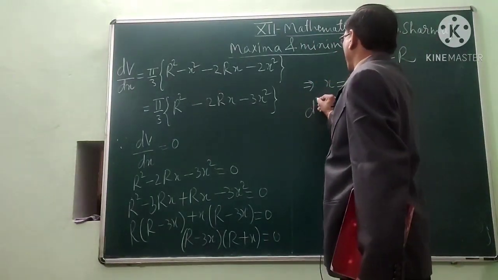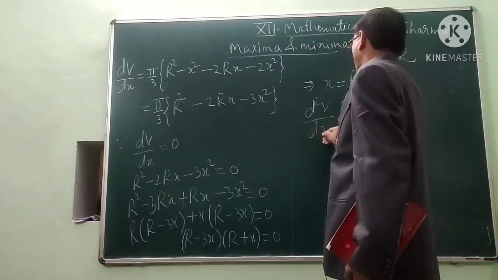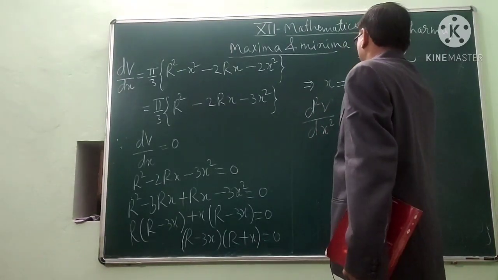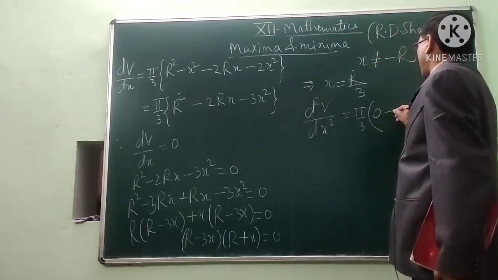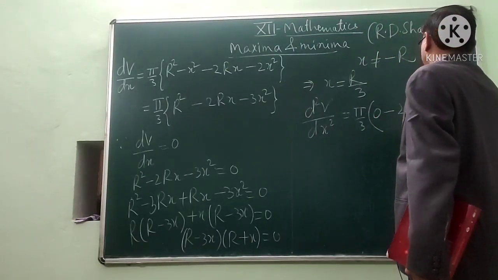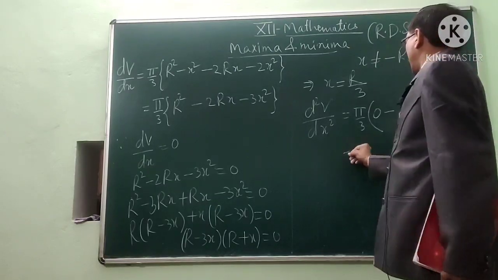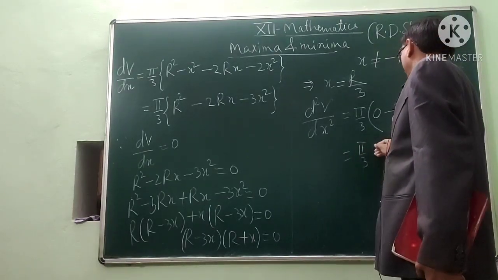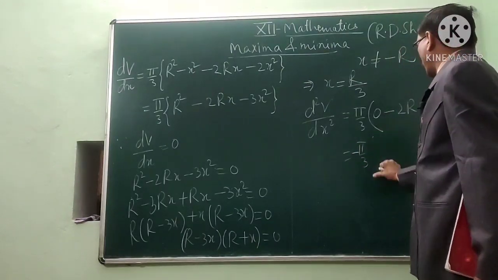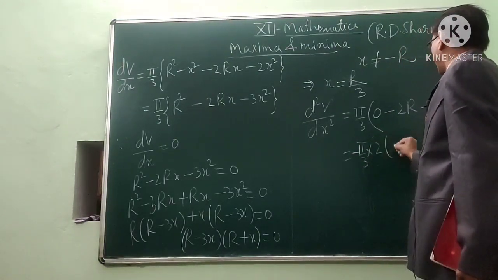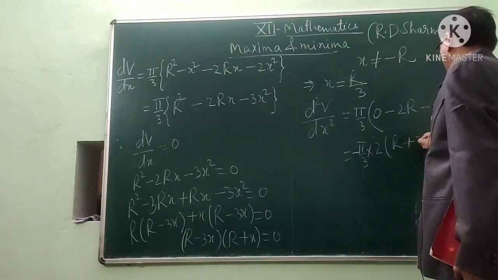So d2V over dx square is pi upon 3 (R square is 0, minus 2R minus 6x), which is pi upon 3, take minus 2 common, (R plus 3x).